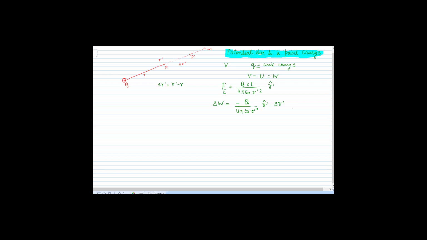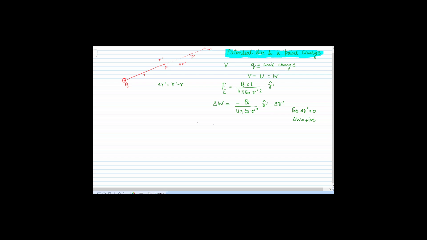And if this distance delta r dash is less than 0, then our work done will obviously be positive. So we'll have a positive work done if delta r dash is having some negative value.